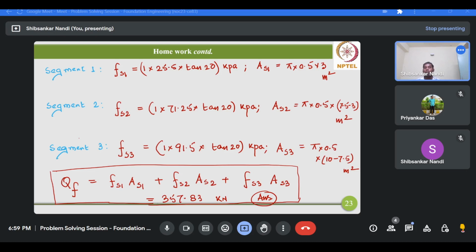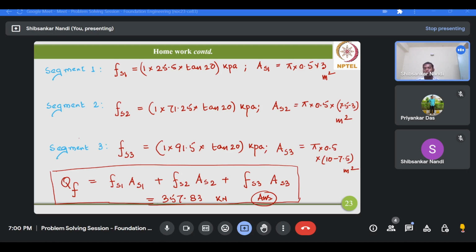Prior to that, we have seen how to proportion the length of a combined trapezoidal footing when this footing is subjected to two column loads of magnitude 2000 kilonewton or 1500 kilonewton. The condition based on which we proportioned the length of the footing is that the distribution of stress beneath the footing must be uniform.